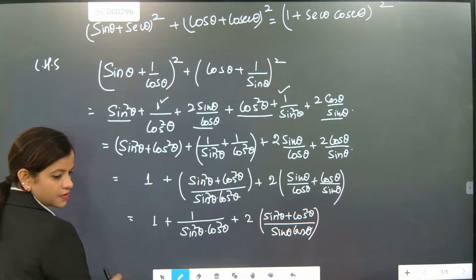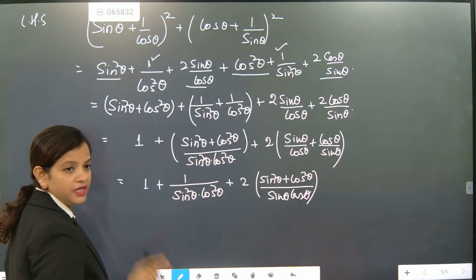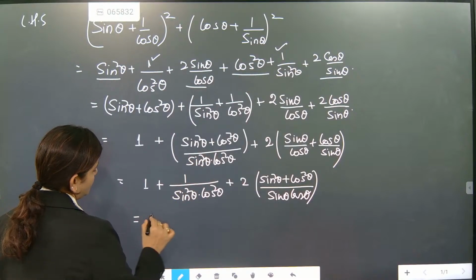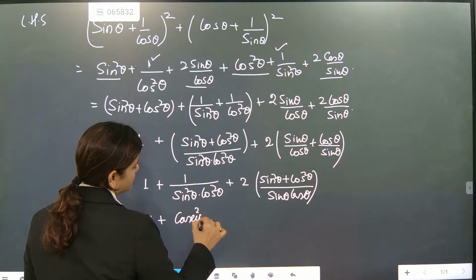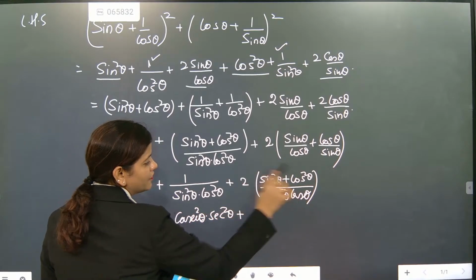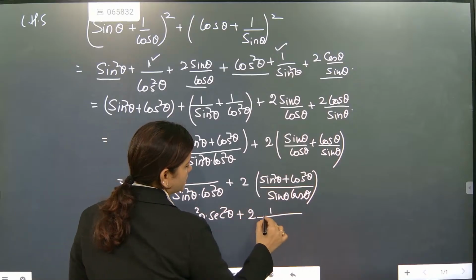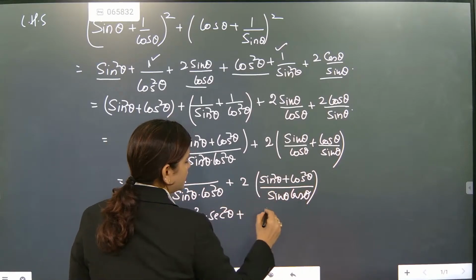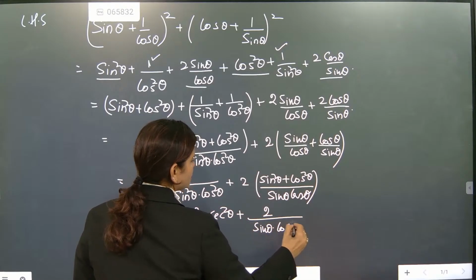Understood? Once you have written till here beta, wherever sine square theta plus cos square theta is there, it will become 1. Sine square theta plus cos square theta is coming as 1. 1 plus cosecant square theta into secant square theta plus 2 by sine theta into cos theta.